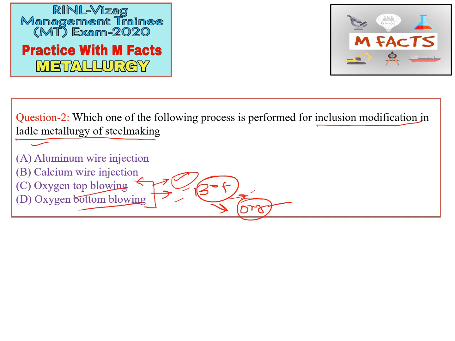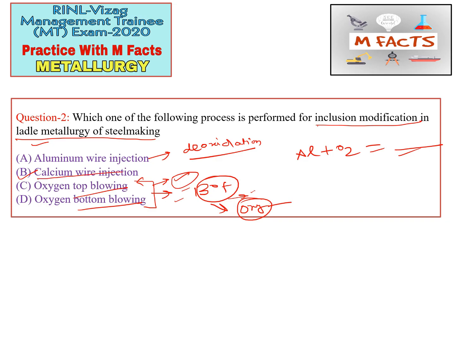Okay, so aluminum wire injection, we all know, is done basically for deoxidation purpose, because whenever we inject aluminum wire, it reacts with oxygen and produces some oxides. So this is also not correct. Calcium wire injection, the main purpose of calcium wire injection is for inclusion modification.